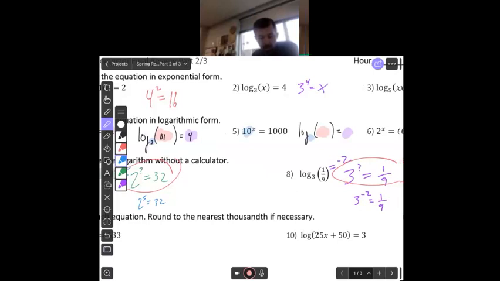The logarithm is an exponent, so the exponent goes to the other side. And the last thing that we have there, the 1,000, is going to go inside what's called the argument. The thing you're logging is the argument. So that'd be log base 10 of 1,000 equals 3.